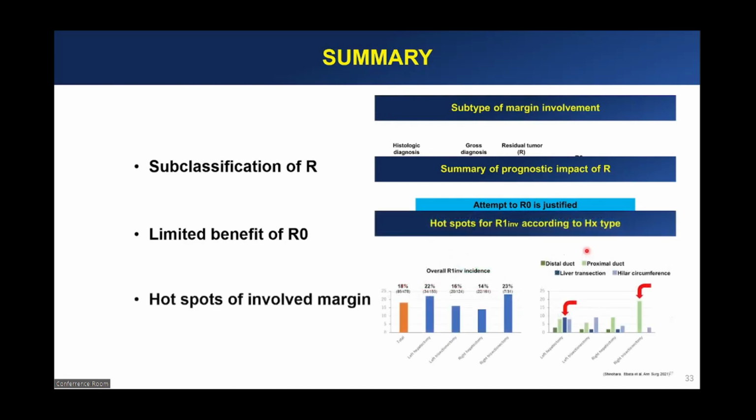And third is the hotspot of margin involvement. So the liver transection plane in the left conventional hepatectomy, and the proximal duct in the right trisectionectomy. So we should choose the type of hepatectomy on the basis of these margin factors in the radial assessment.